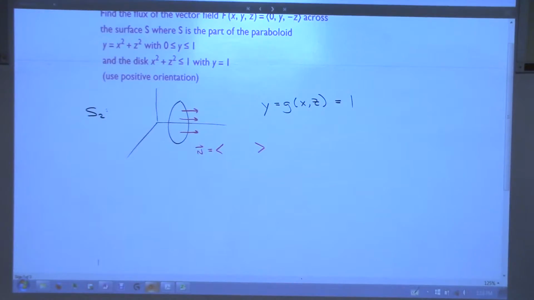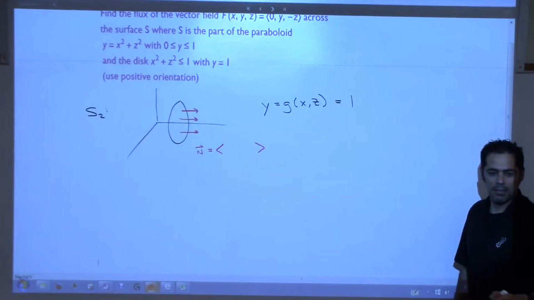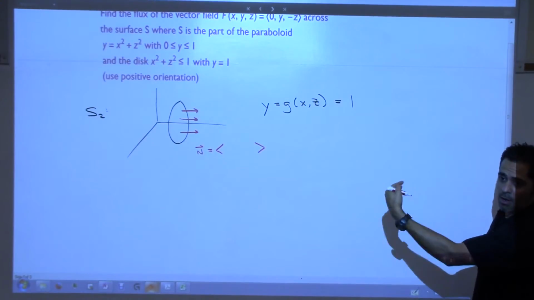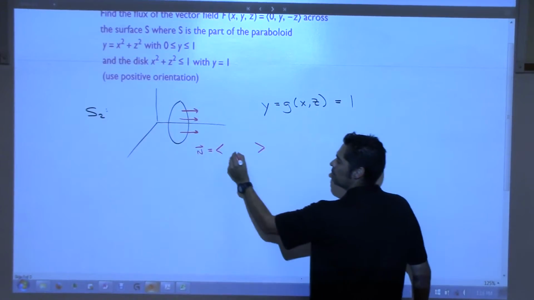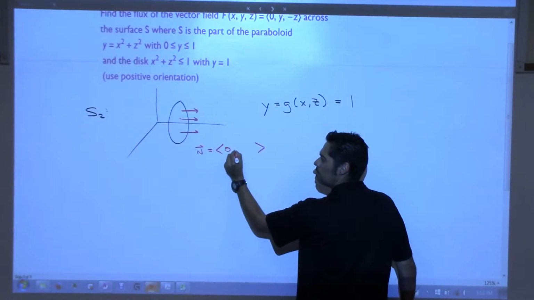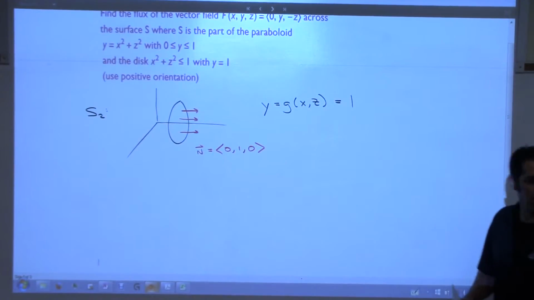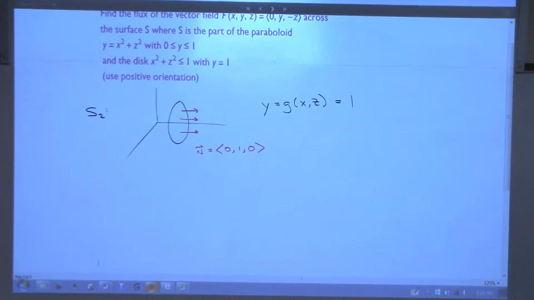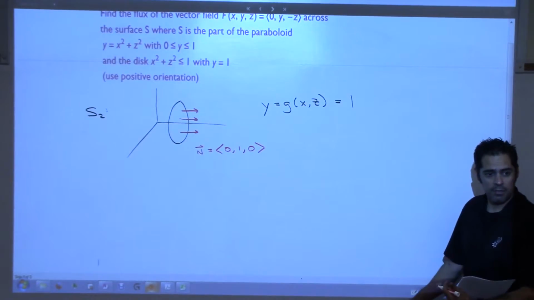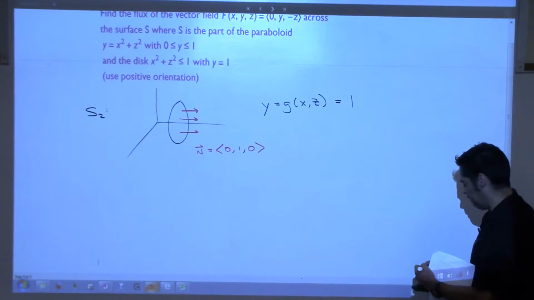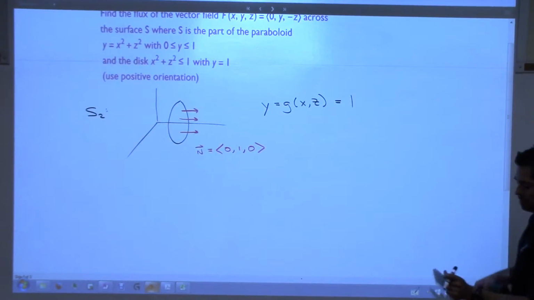A unit normal vector. Those are all pointing in the y direction, right? 0, 1, 0, right? All normal vectors would look like that? Do you agree? Yes? Okay.